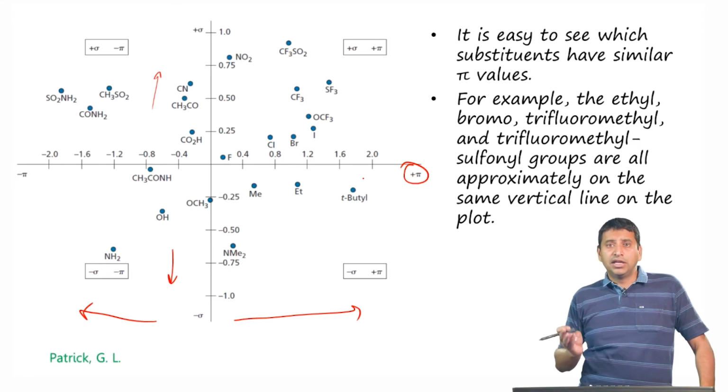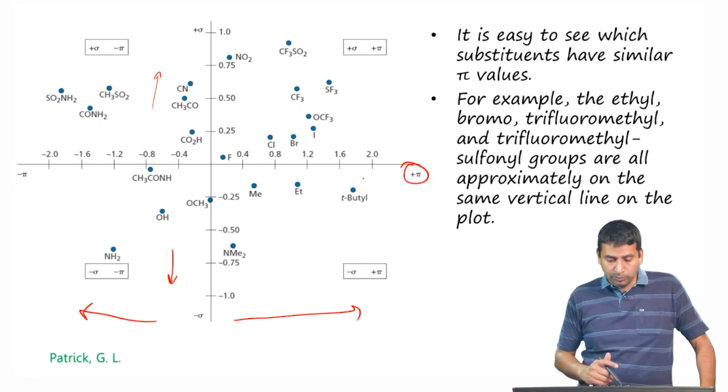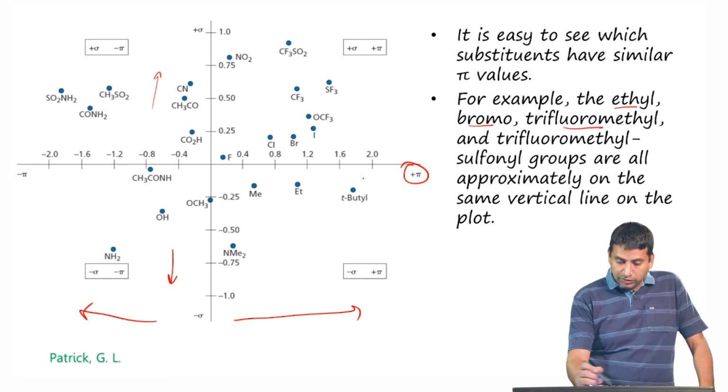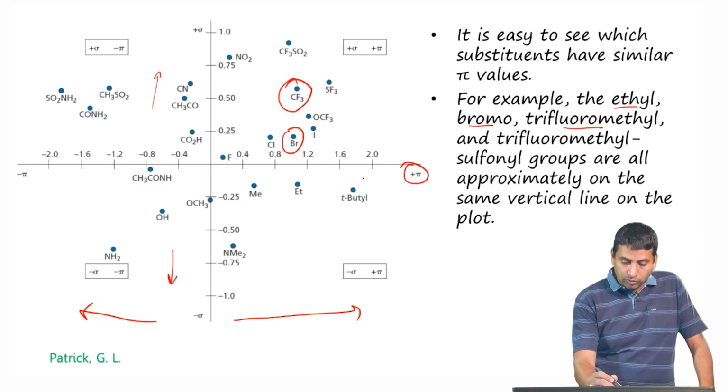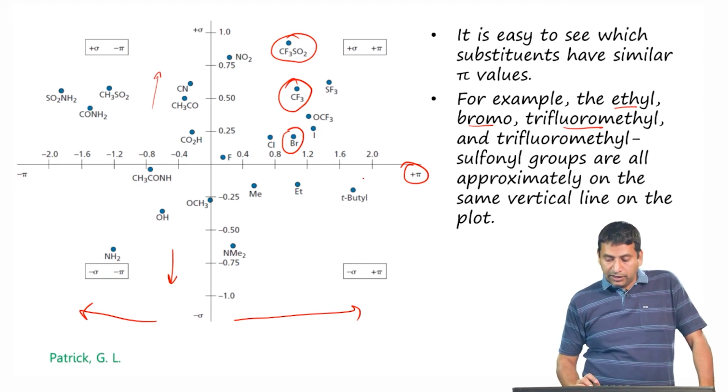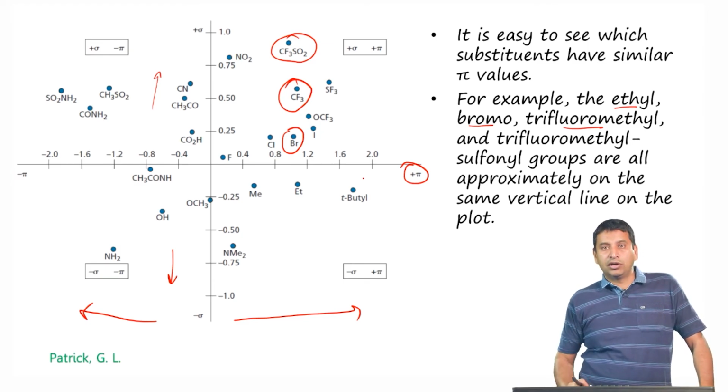So, for example, ethyl, bromo, trifluoromethyl and trifluoromethyl sulfonyl groups are all approximately on the same vertical line on the plot.